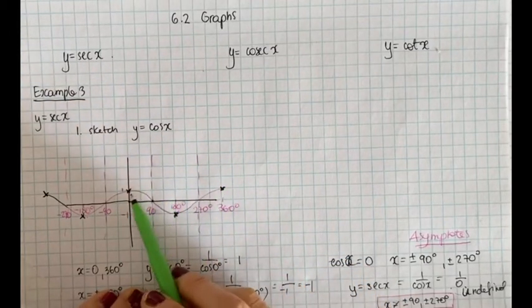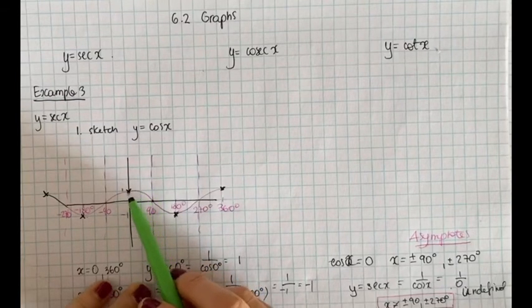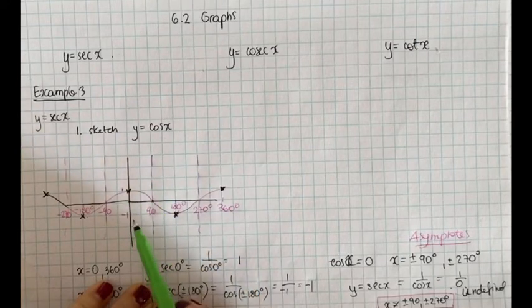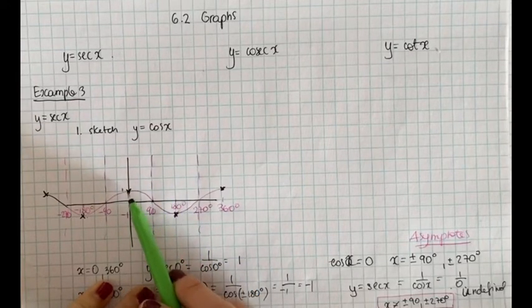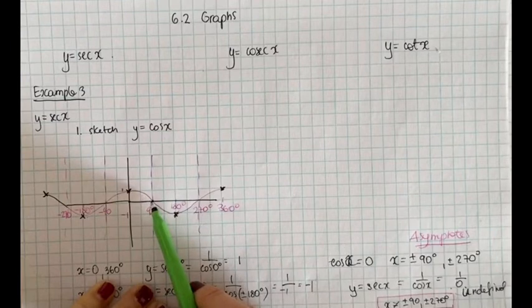So in order to be convinced of the next stage, we're going to investigate the values between 0 and 90 and see what happens. I'm just going to go through it really briefly. I'm going to test a value that is really close to 0 and see what I get, and then a value very close to 90.